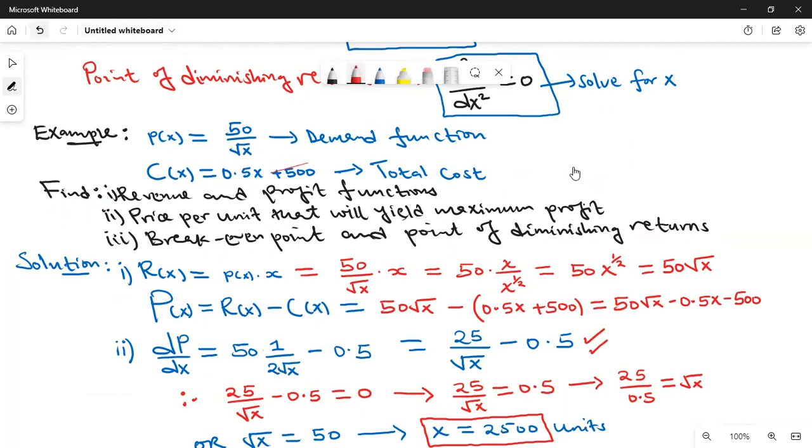It is positive 500. That is the fixed cost. It can never be negative. If it is negative, then there's something wrong. And the other part is the variable cost. Variable cost is 0.5x, and the fixed cost is 500. What we are calling the overhead cost, whichever.